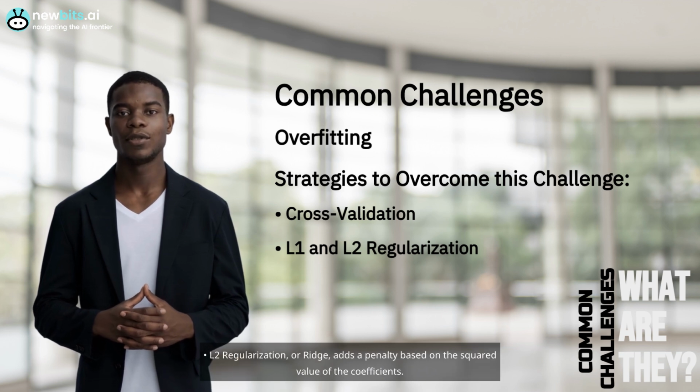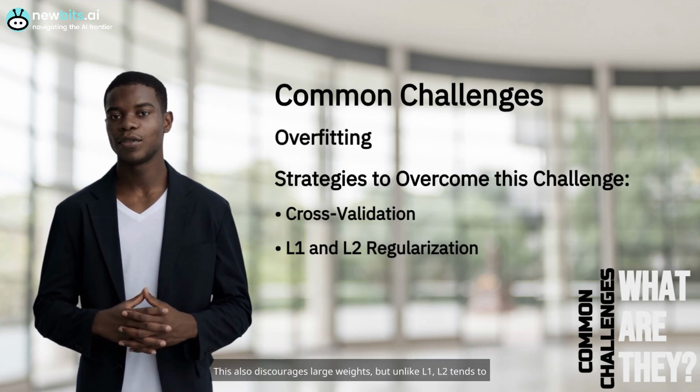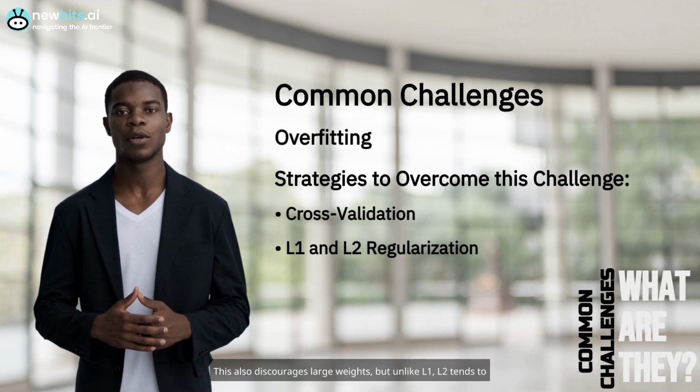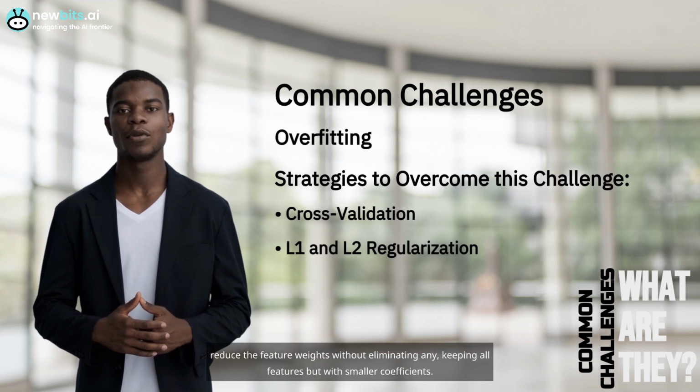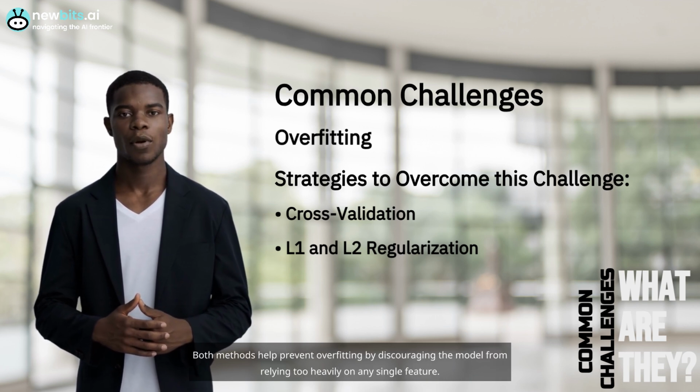L2 regularization, or ridge, adds a penalty based on the squared value of the coefficients. This also discourages large weights, but unlike L1, L2 tends to reduce the feature weights without eliminating any, keeping all features but with smaller coefficients. Both methods help prevent overfitting by discouraging the model from relying too heavily on any single feature.